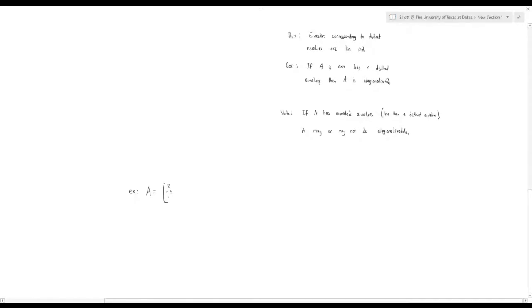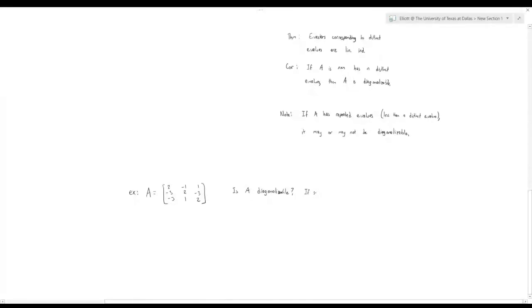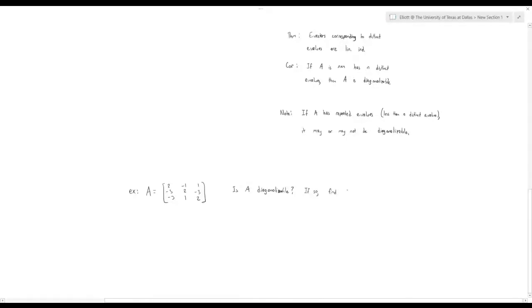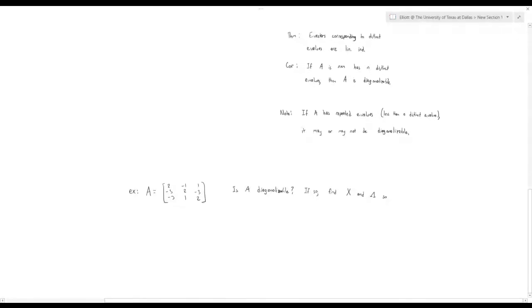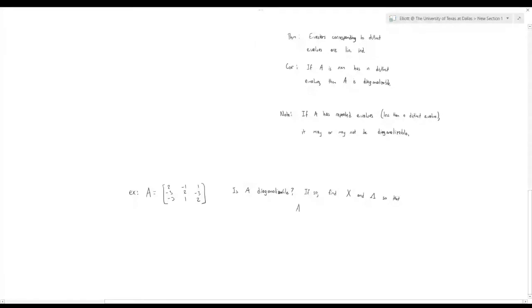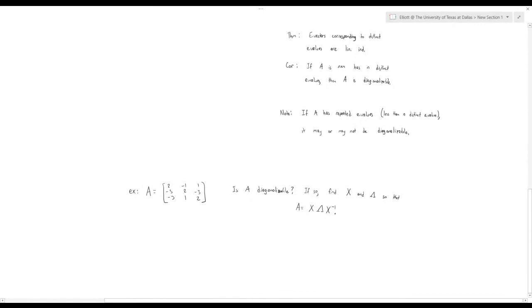Okay, so here's a matrix that we can look at. So we're going to check if it's diagonalizable. And then if so, I'll find these matrices X and lambda, so that A would factor as X lambda X inverse.